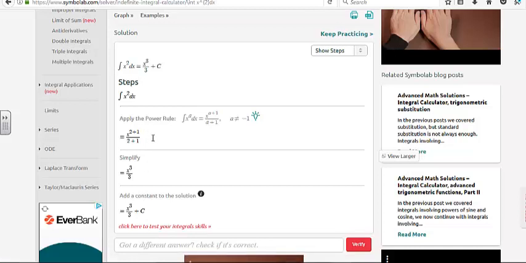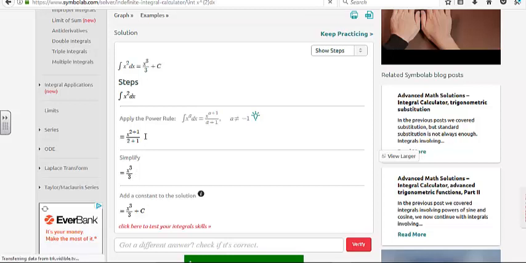So I'm not encouraging you to use this to do your homework unless you get stuck. And you have the solutions anyway. But if you're like, I'm still not getting this, let me pick a problem out of the book, and you say, okay, I do it, but I don't get the right answer, then it's probably acceptable to go online to just see what they show as the steps, because they're showing first you apply the power rule and you add 1 to the exponent, divide by the new exponent, and you simplify, and then you add the arbitrary constant to the solution.